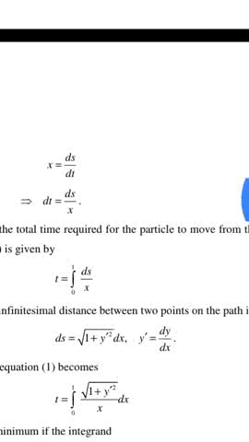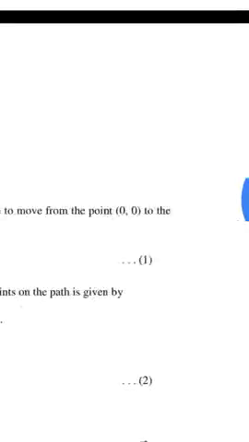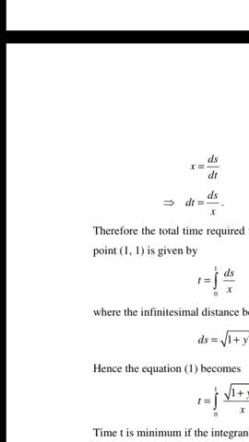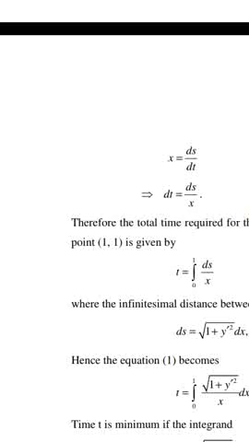The total time required for the particle to move from point 0, 0 to the point 1, 1 is given by t is equal to integral from 0 to 1 of ds by x.